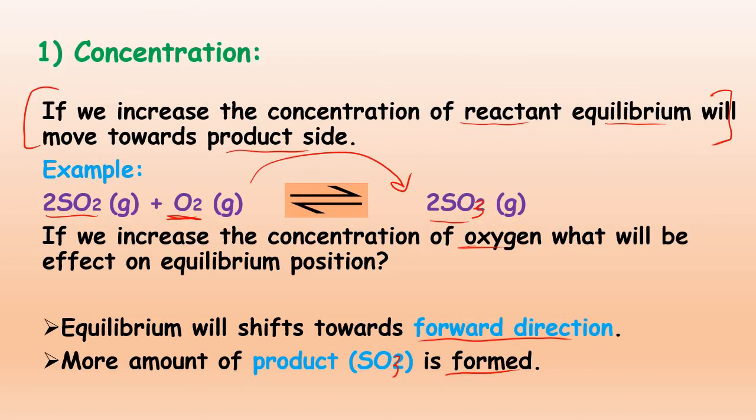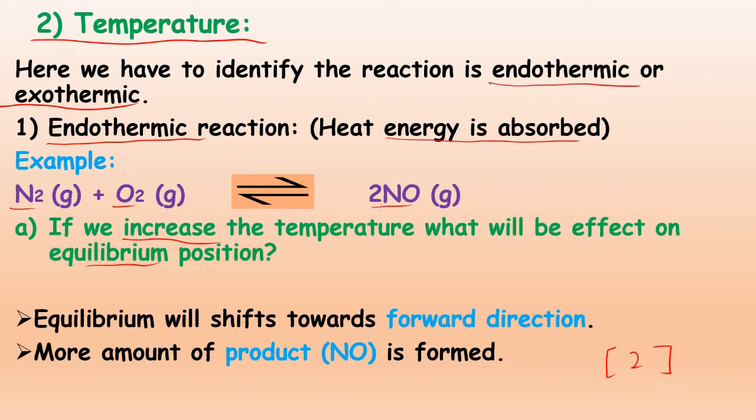Similarly, in the concentration question, you have to write 2 ideas, and that is the reason there are 2 marks in the past paper question related to chemical equilibrium, which I will discuss. So this is the temperature.